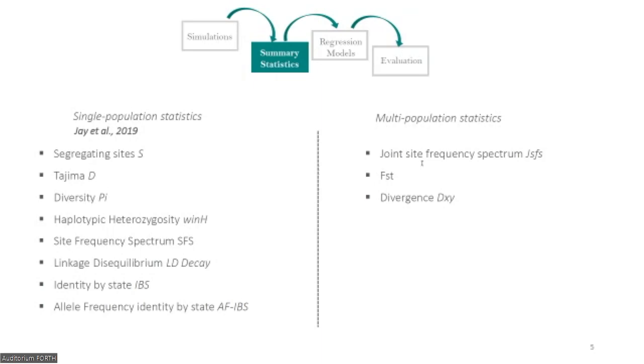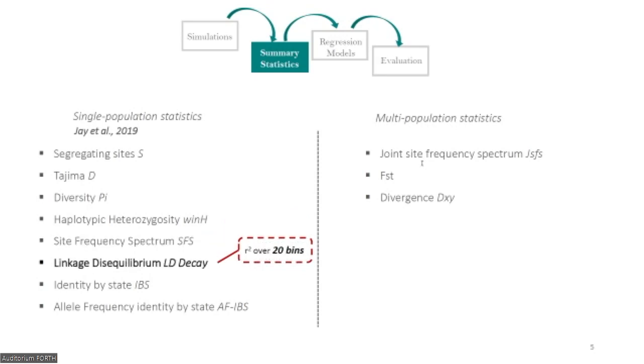Here I show the classes of summary statistics. And I say classes because actually, for instance, in the SFS, we will have many features in our training dataset. We will consider as one feature the percentage of SNPs that are derived one time or two times, and so on. And we will also consider the distances between the SNPs that have the same frequency.